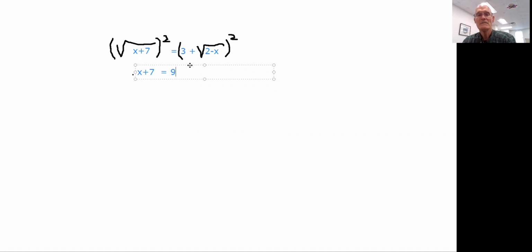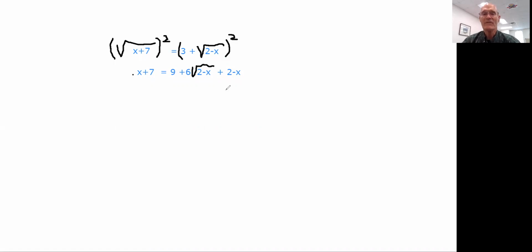And I got plus, and then twice the product, so the product here is 3 times the square root. So I'm going to get 6, and I'm going to give myself a little space, and I'll put the square root in here in just a second. And then I go over and I put the square of the last, which in this case is 2 minus x. So I come back and I put in, so I have one square root term left here, which is this 6 times the square root of 2 minus x here.